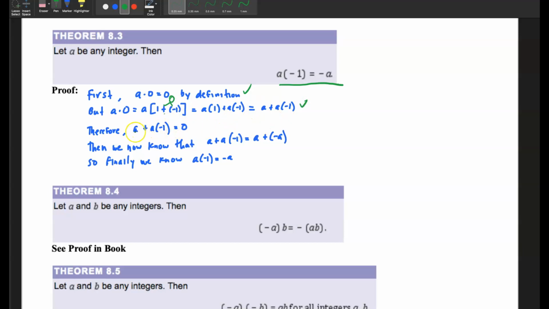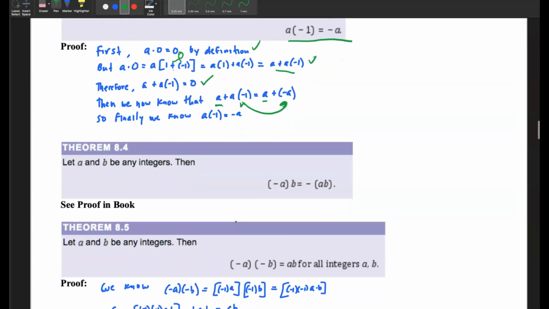Therefore, a plus a times negative 1 is equal to 0, since we know a times 0 equals 0. So we have a kind of transitive property. Now, since these are both a's, we can conclude that these two are equal to each other. So that's an interesting proof. Look at it, maybe even recopy it and write it down and start to think about those ideas.